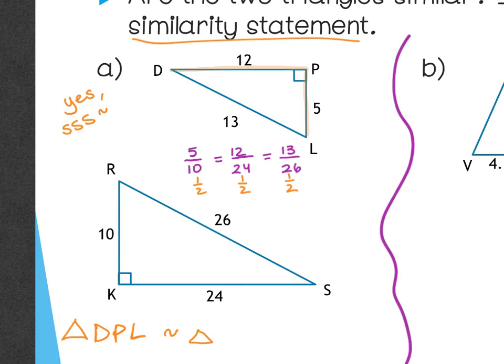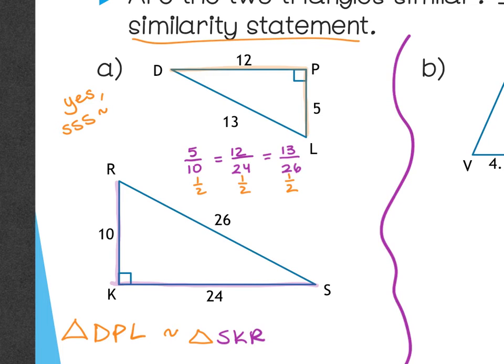I have to follow that same pattern in the second one. So what's the middle length side in that second one? SK. What's the smallest side? KR, right? So I have to go SKR. So the order of the letters is important once you state the first one.